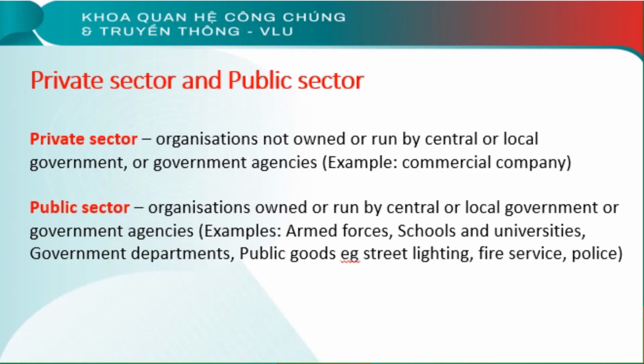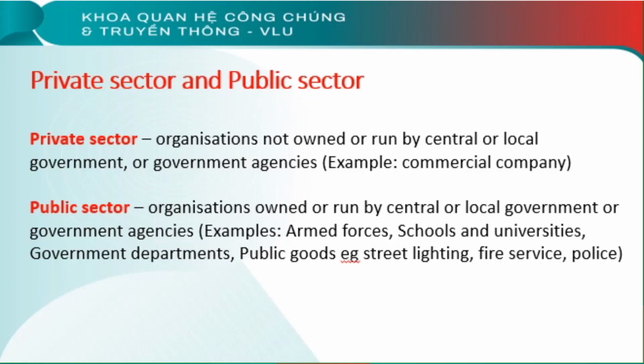The private sector includes organizations founded by one person or some people, so these organizations are owned by the founders. Founders can run the organization or hire directors to run it, so an organization in the private sector is not owned or run by central or local government or government agencies.